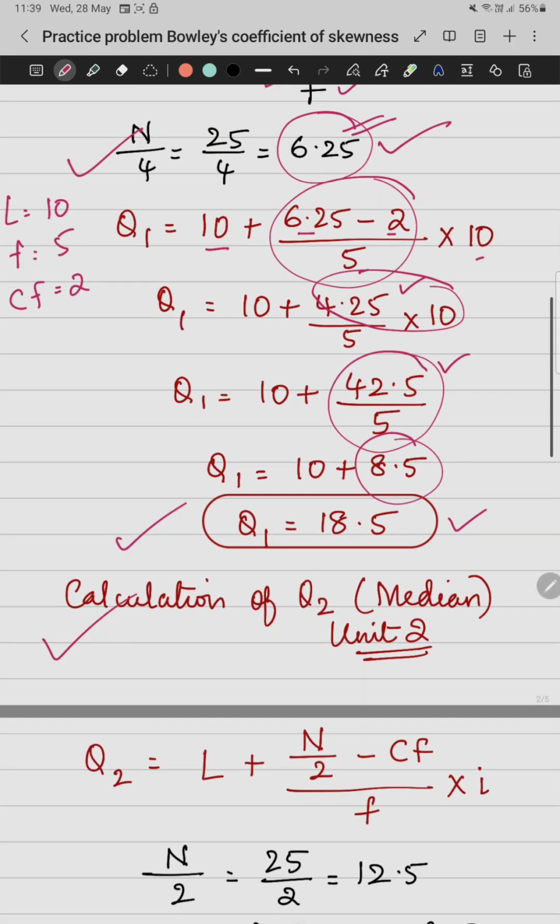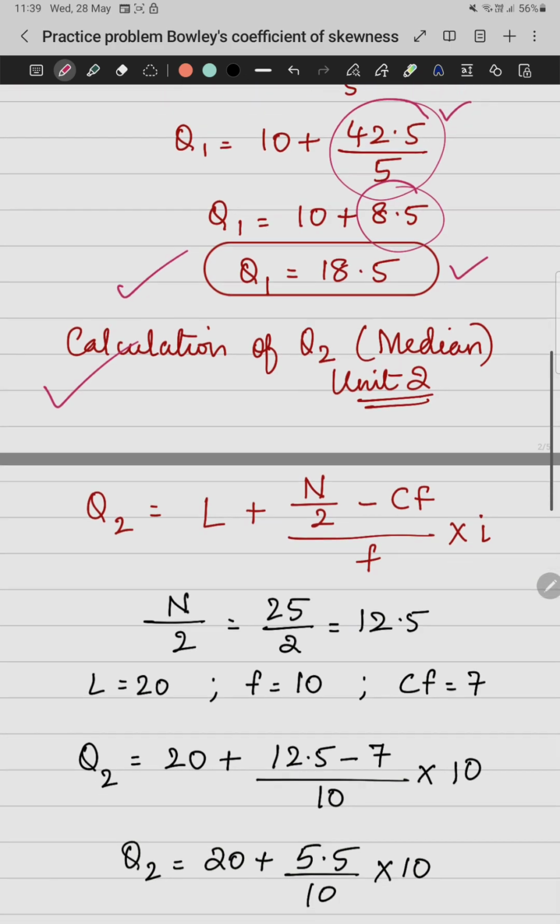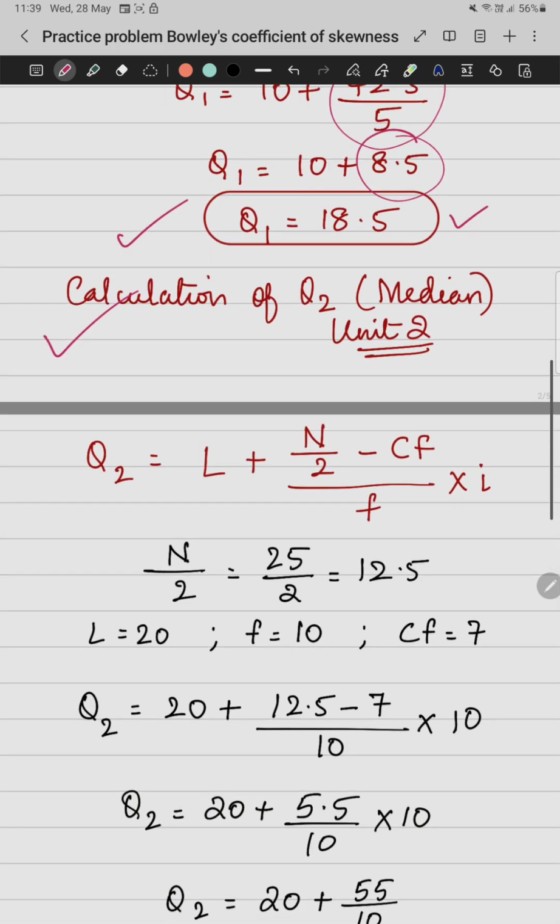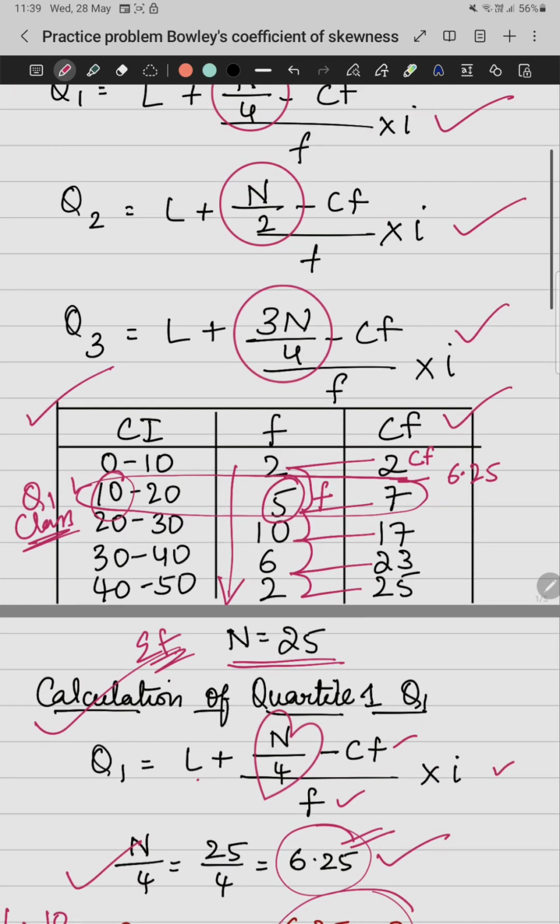Next we'll calculate Q2. Q2 is the median, the measure of central tendency. Again, as I said, you will find out N by 2 first. The formula I have already given above. So N by 2 is 25 divided by 2, which is 12.5. So you have to see where 12.5 lies in the cumulative frequency. 12.5 lies between 7 and 17.